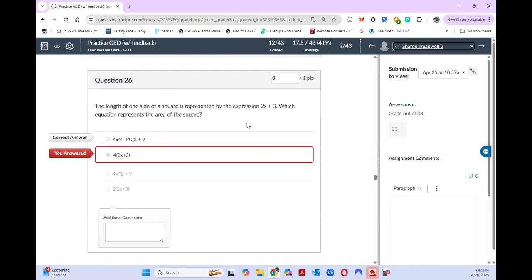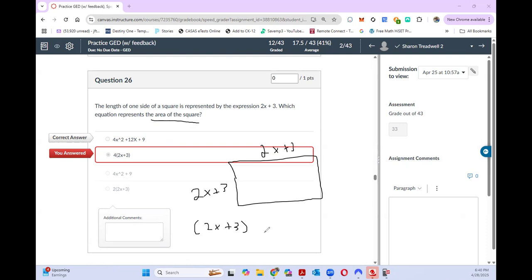Okay, the length of one side of a square. This one was wrong too. It's number one. I actually did it all out, because it says the area of a square. This is another way to see if you know how to multiply binomials.